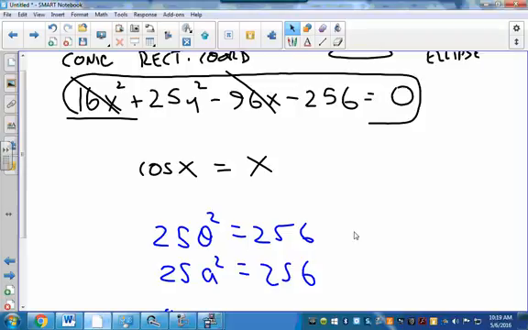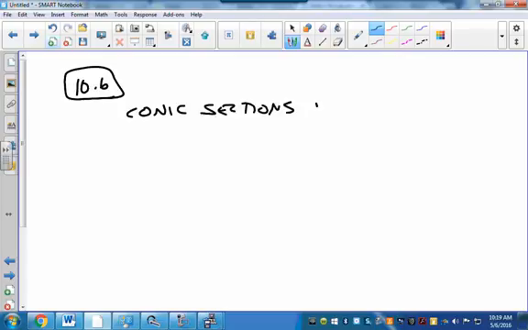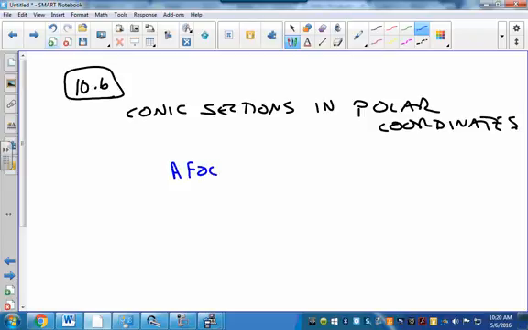Well, back to the topic at hand. We're talking about section 10.6, the conic sections in polar coordinates. And we're going to be in a very special case here. The only conic sections we're going to deal with are ones that have a focus point at the pole.